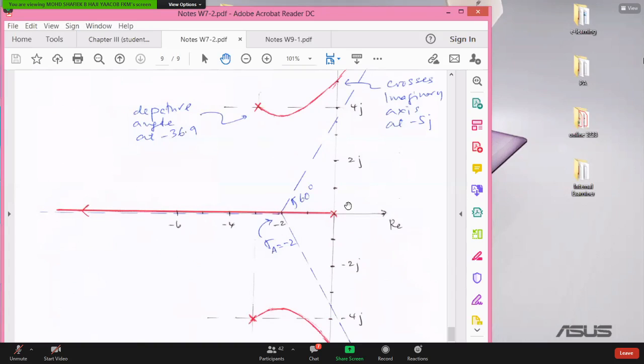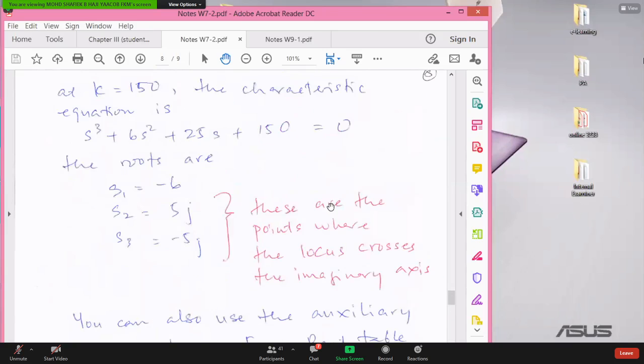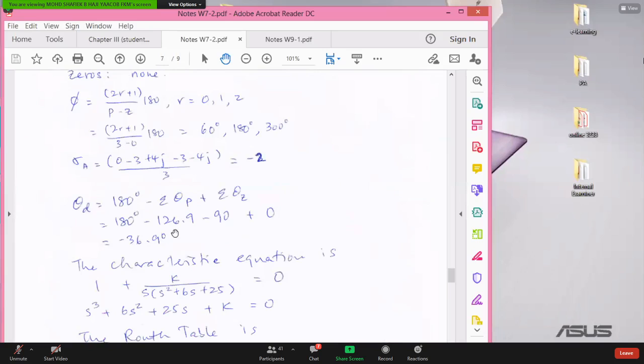Another angle you need to find is the angle from the pole at the origin to the pole in question, this angle here. It's going to be slightly greater than 90 degrees. You can compute that using arctangent. It's going to be 120 something.